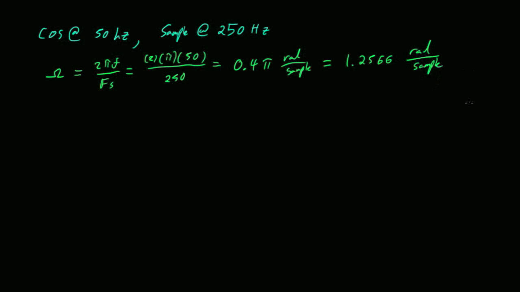What if I gave you a cosine at 200 hertz, and we're going to sample it at, let me think of a good number here, 1,000 hertz. Yes, I'm going to sample this at 1,000 hertz.